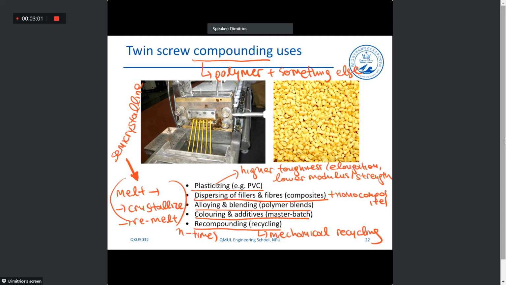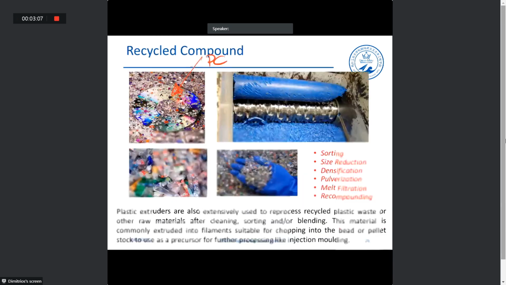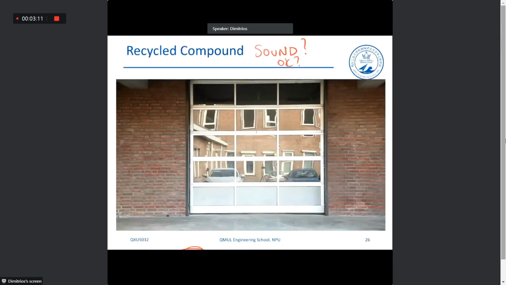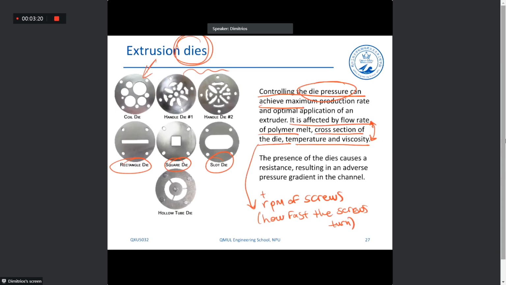And that is a very, very important advantage for these materials. We saw that we can do different types of recycling for our materials.